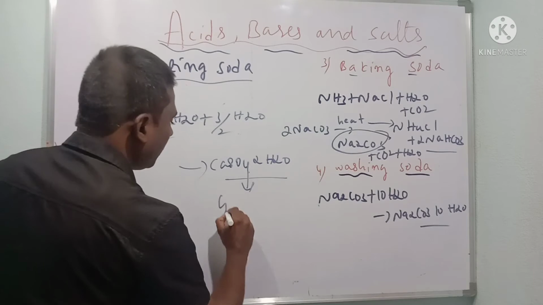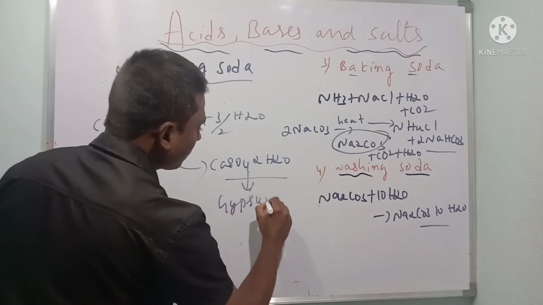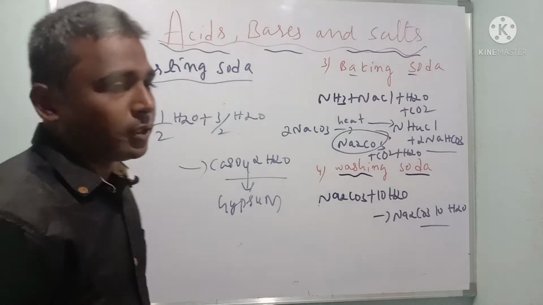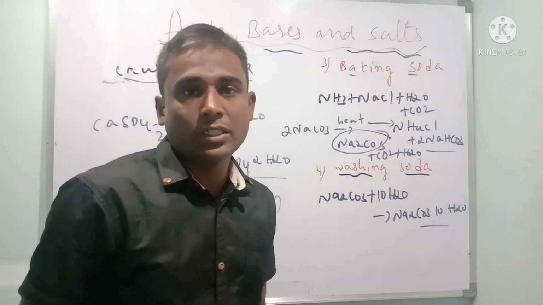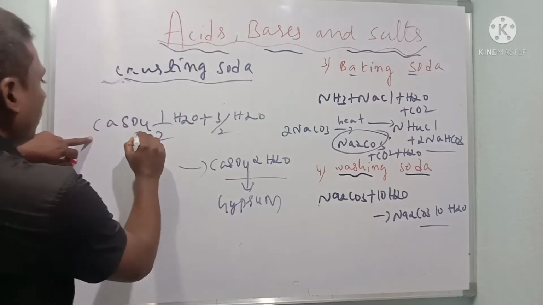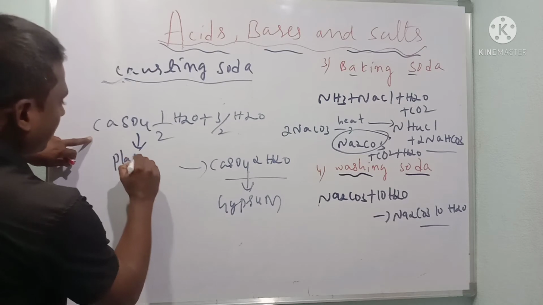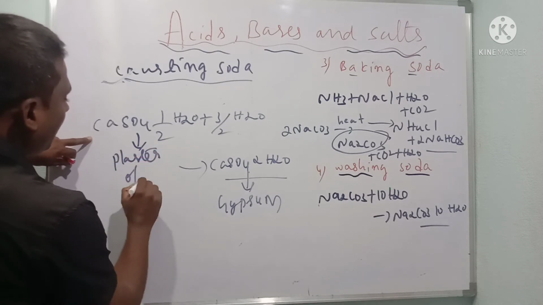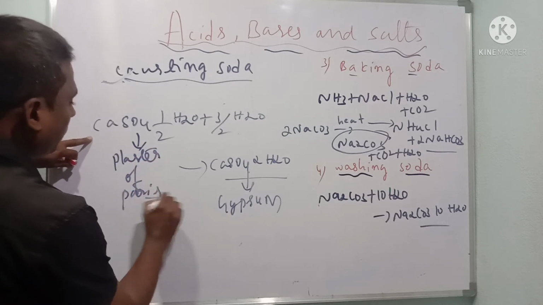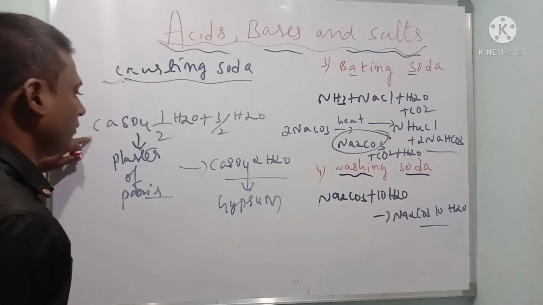So this is called gypsum. And here also we are using water of crystallization. Now this is called plaster of Paris. Remember children, they may ask you plaster of Paris in the MCQs.